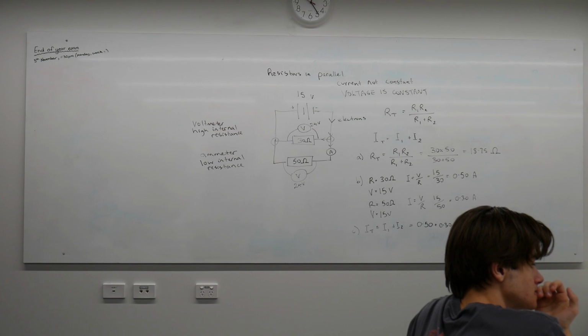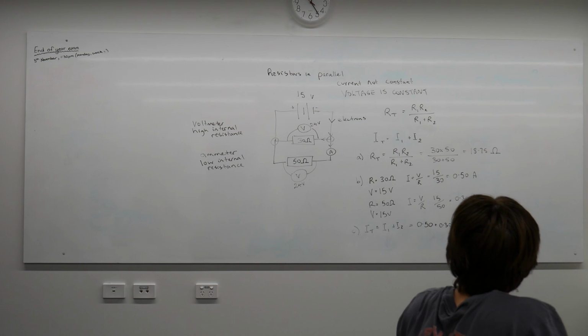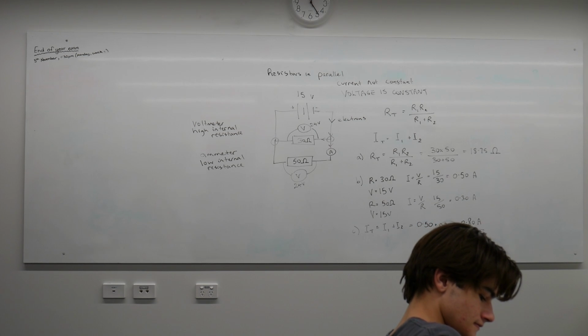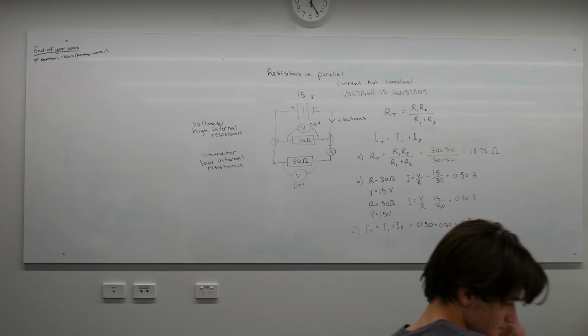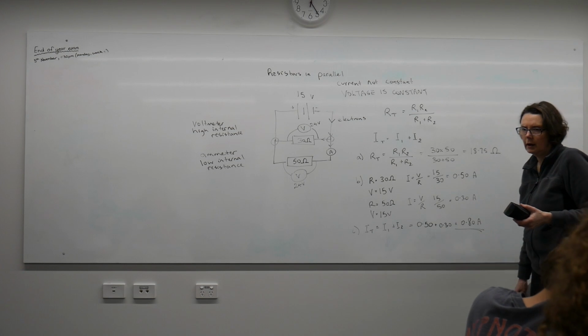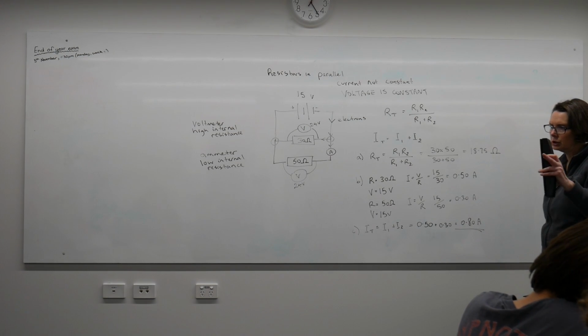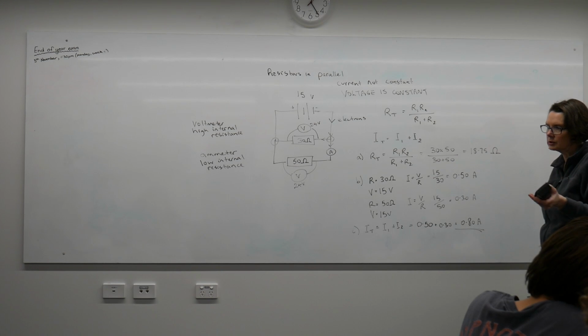So that little formula that you've got there for the current total, is that the only one that's not on here? It's just something we have to remember? It doesn't look like it. You haven't got a VT equals V1, V2.